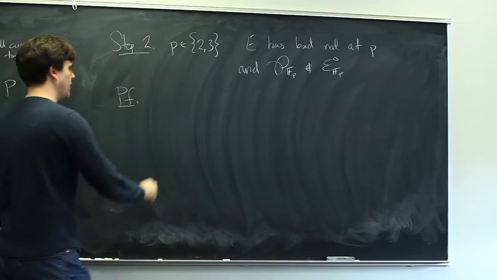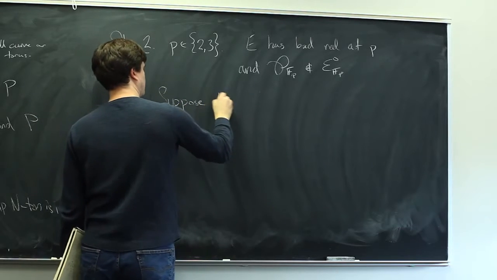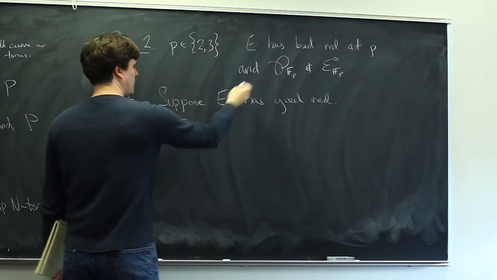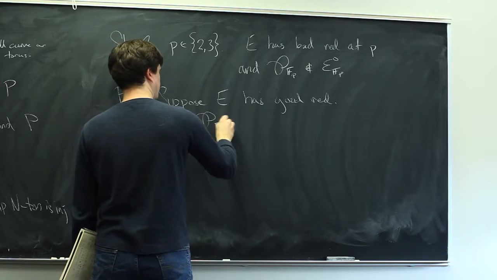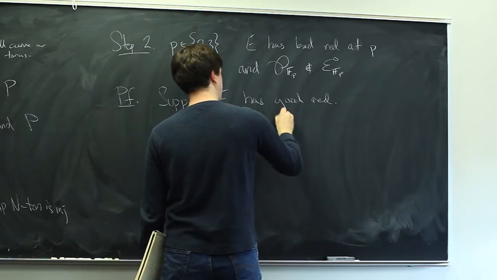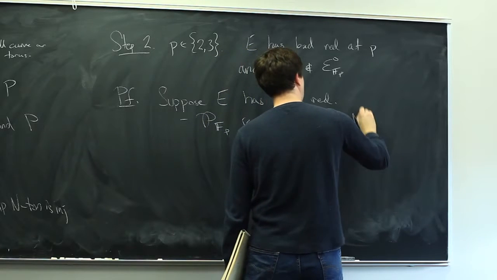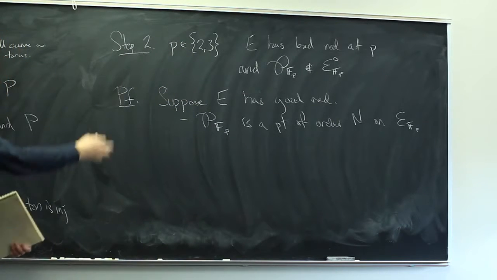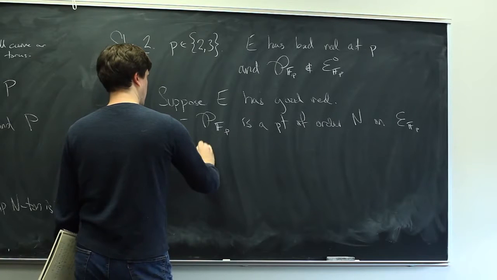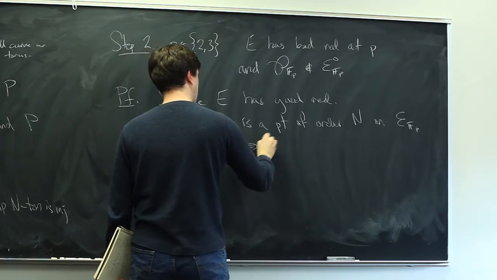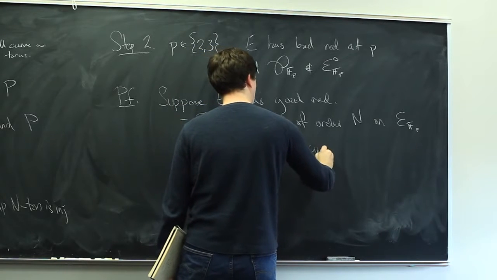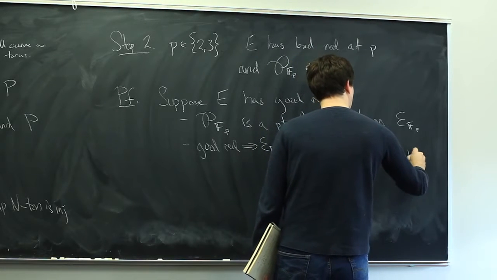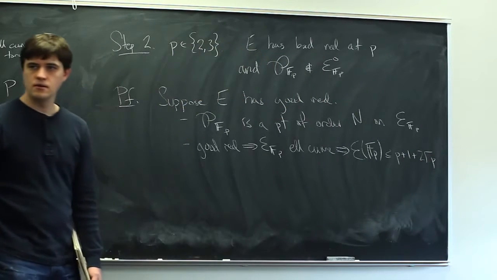Proof. Well, suppose E had good reduction. Then this point specializes to a point of order n. But assuming that E has good reduction says that E of F_p is an elliptic curve, and that implies that its number of F_p points is at most p plus 1 plus 2 root p by the Hasse bound, right?